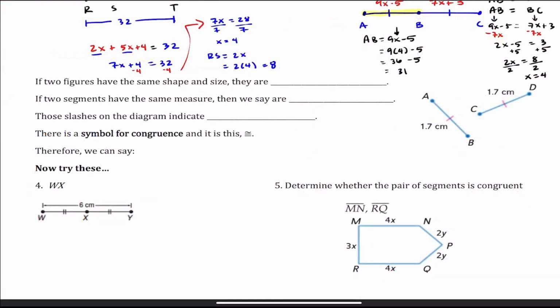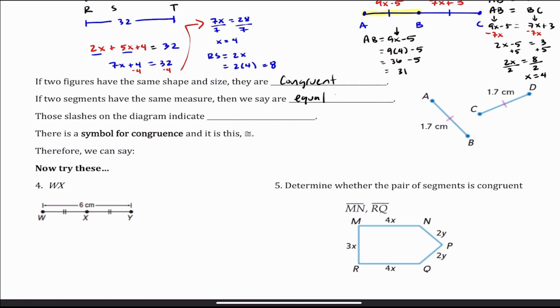All right, so we are almost done with the notes for today. We're going to go ahead and refer to the picture to the right. If two figures have the same shape and size, they are congruent. And we talked about this in 1-1. If two segments have the same measure, then we say that these two segments are equal to each other.